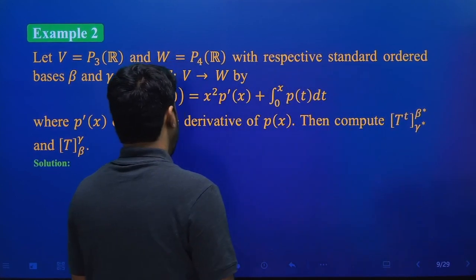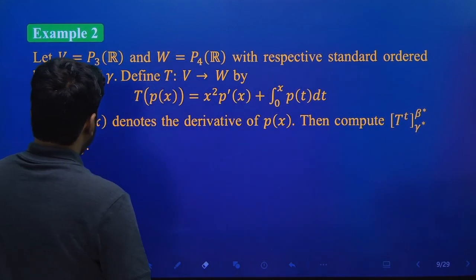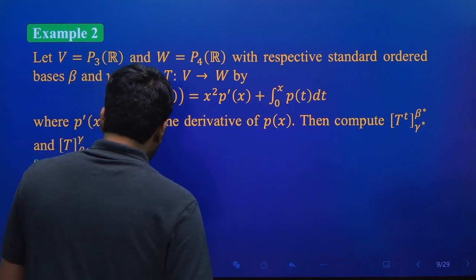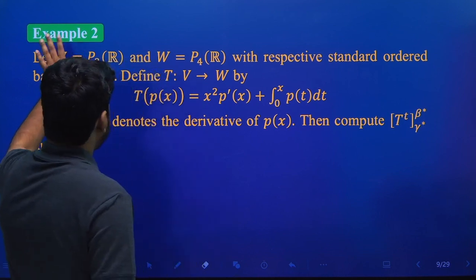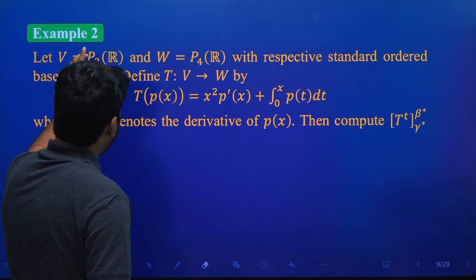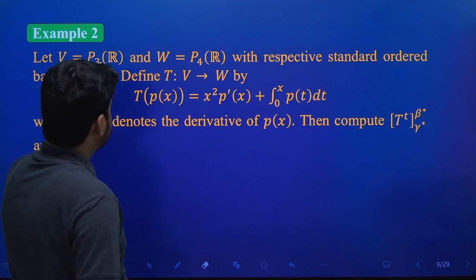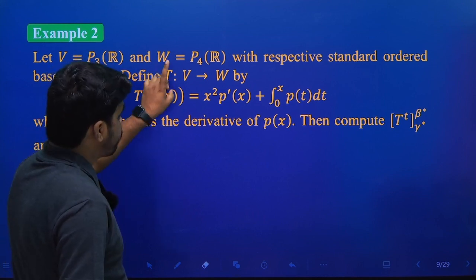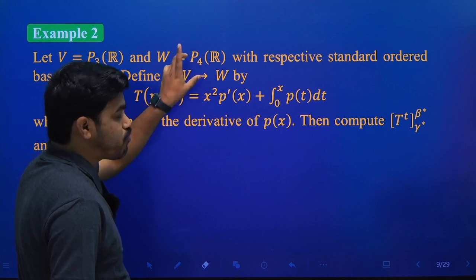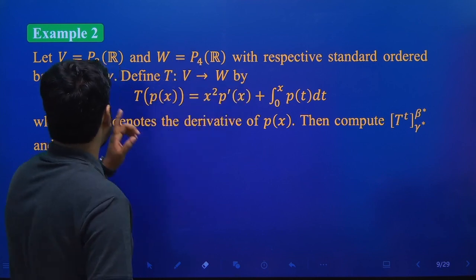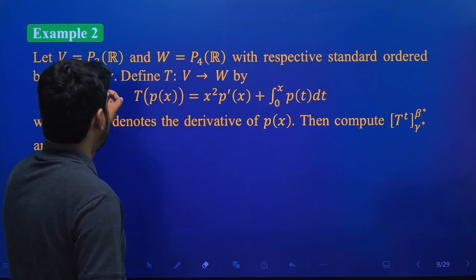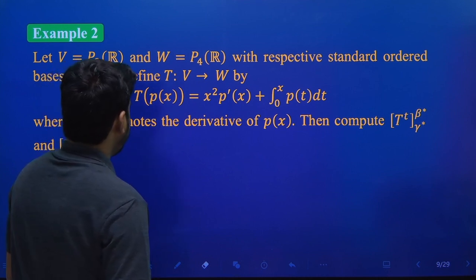Just see what is given here. Here V is a vector space of real polynomials of degree 3, right? And W is a vector space of all real polynomials of degree 4, with respect to standard ordered basis beta and gamma, right?